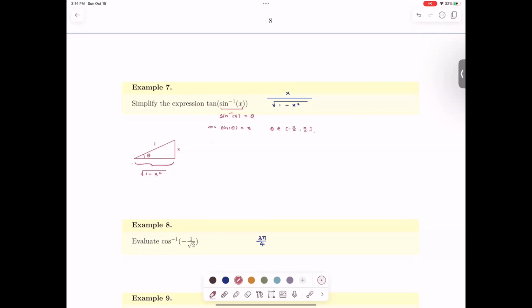And now, tangent of this, which is tangent theta. So what's tangent theta? Maybe I'll write it. Tangent of sine inverse x is basically tangent theta. And what does it equal to?